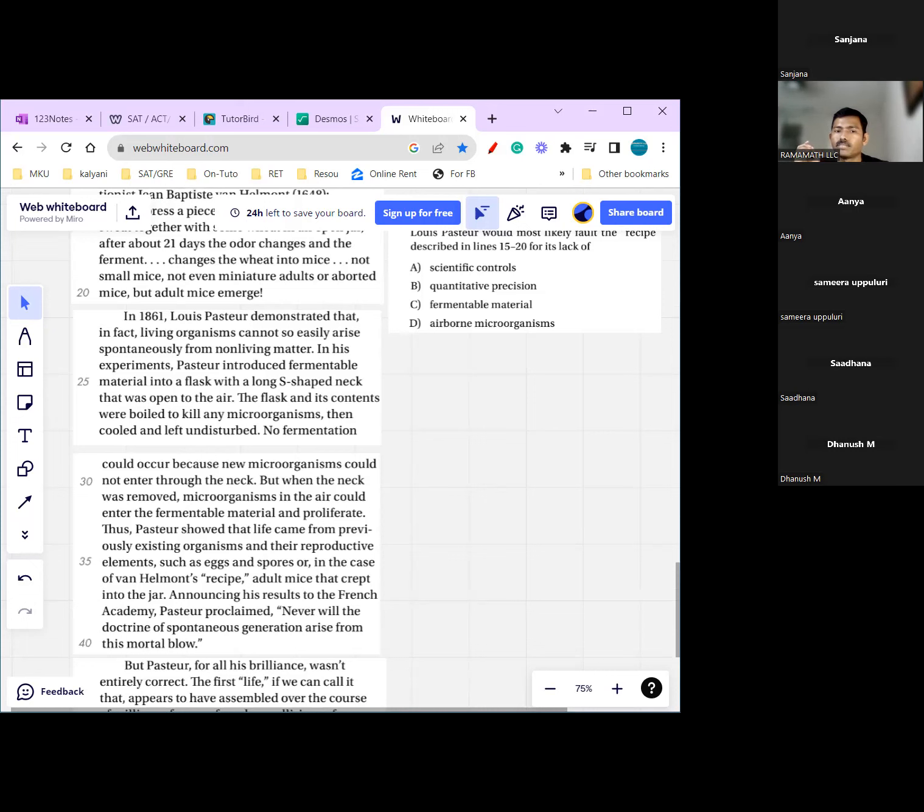Everybody's doing some stuff, but we don't have any scientific controls, which makes A the best answer for this one. The reason behind it is the evidence from the lines. Basically, we can look at it from 21 to 40. Right here, in the Helmont recipe, adult mice crept into the jar. All these, they don't have any scientific controls.